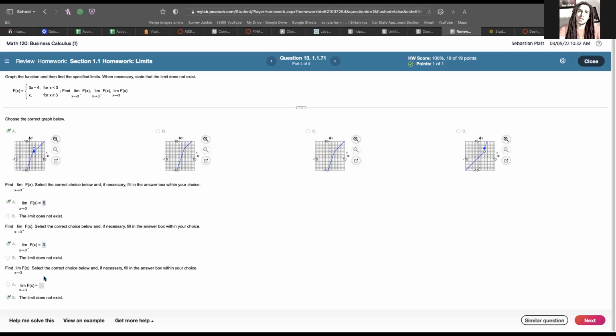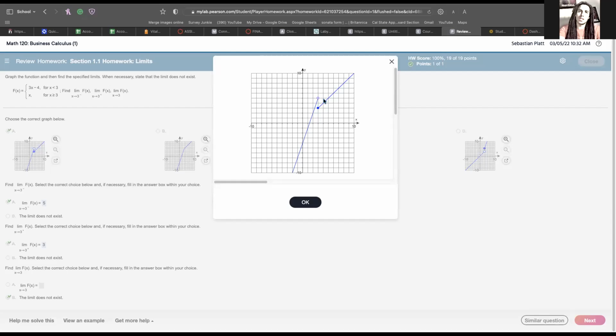Now, what if we were trying to find the limit as x approaches 3 in general? Well, if we look at the graph from the first part, you will see that the limit does not exist, because for these 2 points at x equals 3, there are 2 different y points. For the 3x minus 4, the y is going to be at, let's see, 1, 2, 3, 4, 5.